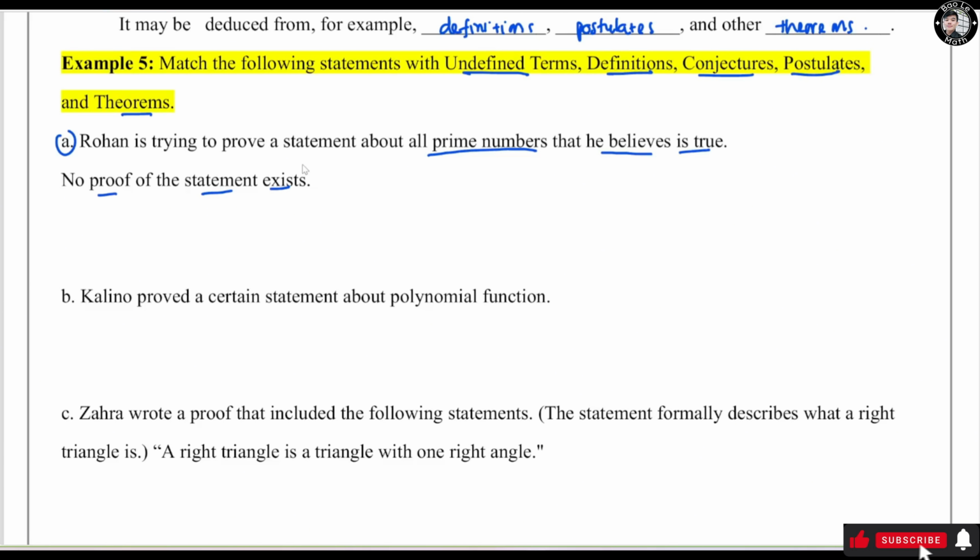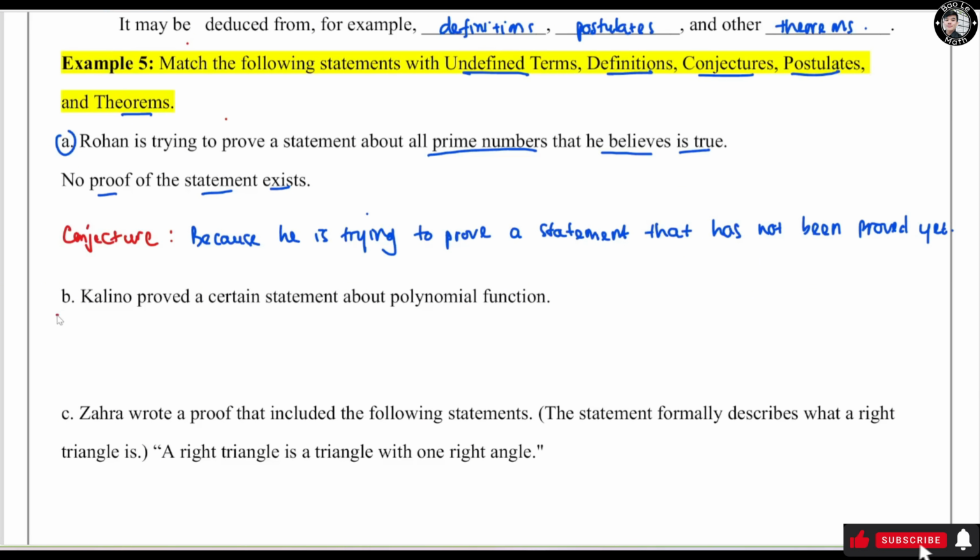So this one is actually a conjecture, right? Because he's trying to prove a statement that has not been proved yet. Now question B. Colino proved a certain statement about a polynomial function. This is a theorem because he has proven a statement, right?